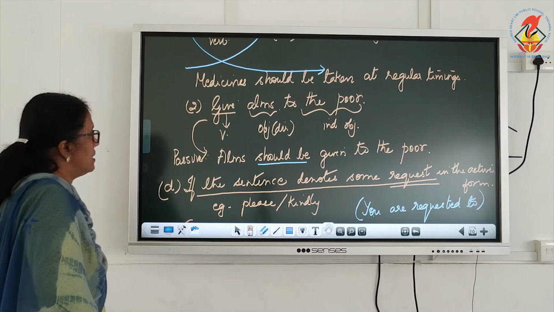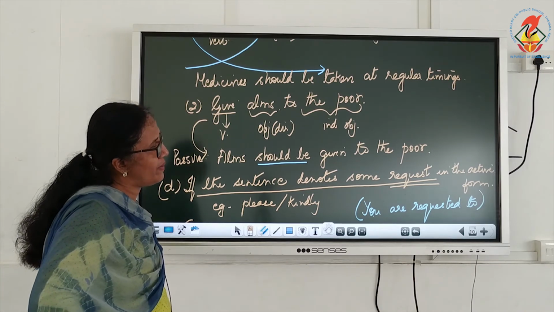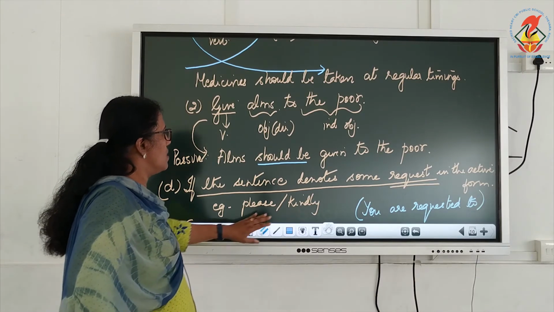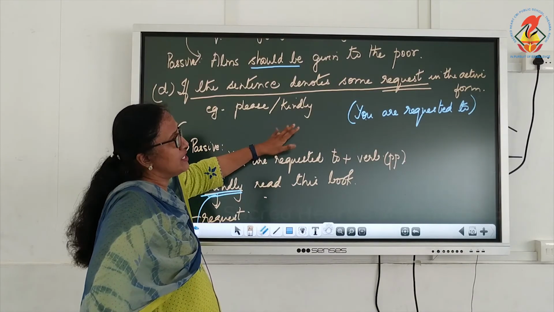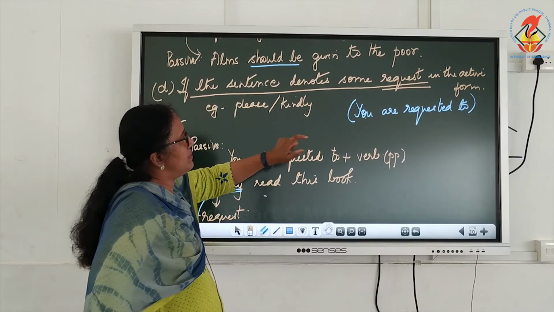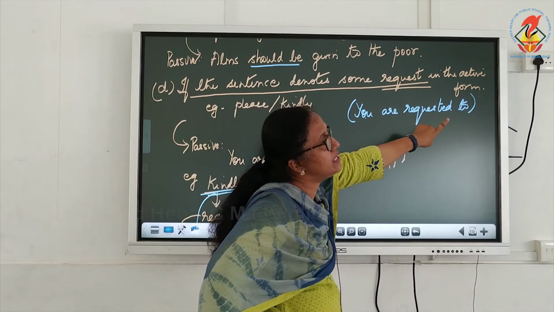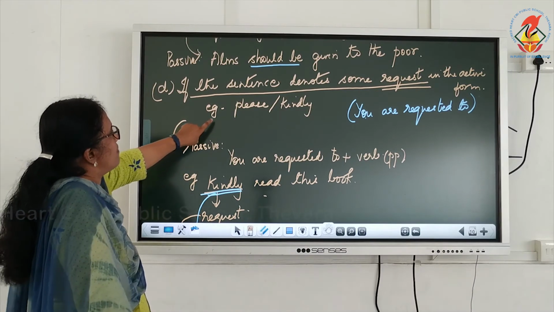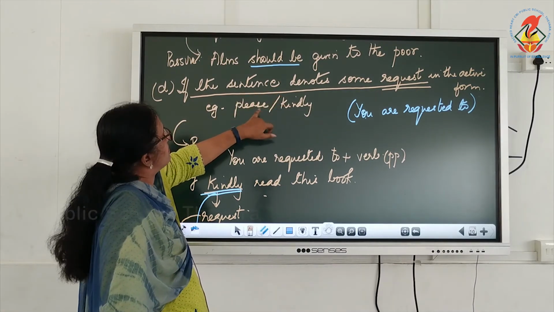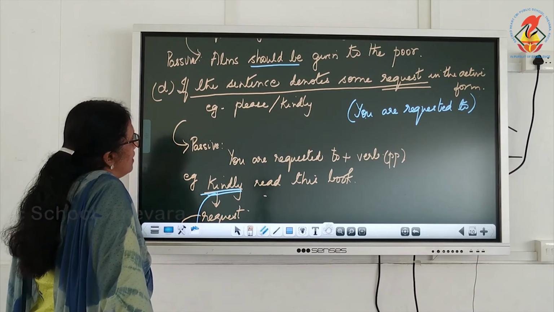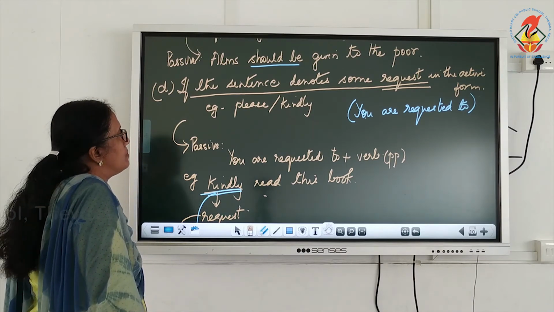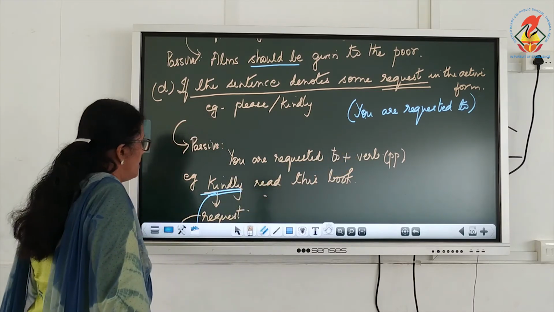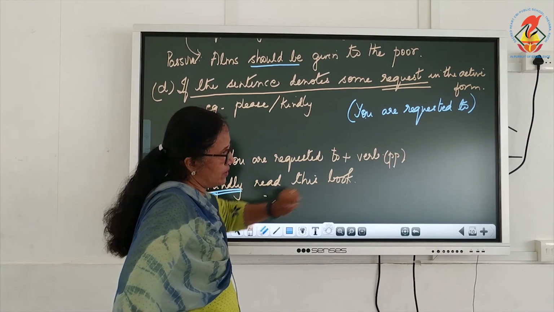Now, if the sentence denotes a request, with words like "kindly" or "please," when you convert it into its passive form, you will introduce "You are requested to," followed by the past participle of the verb.